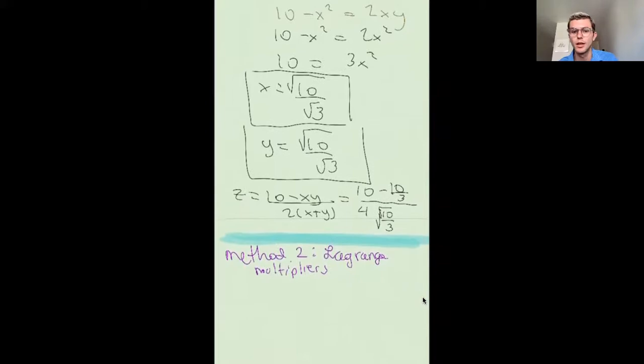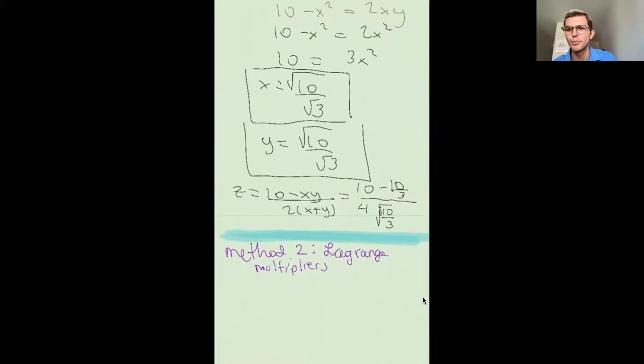In a nutshell, the point of Lagrange multipliers is that you work with the 3 variables at the same time.